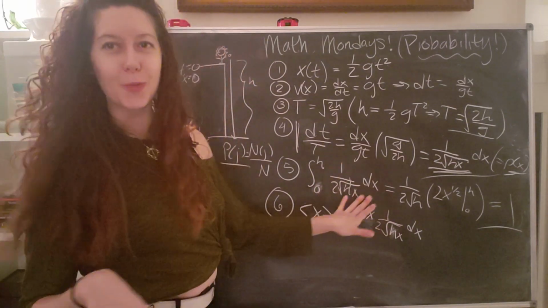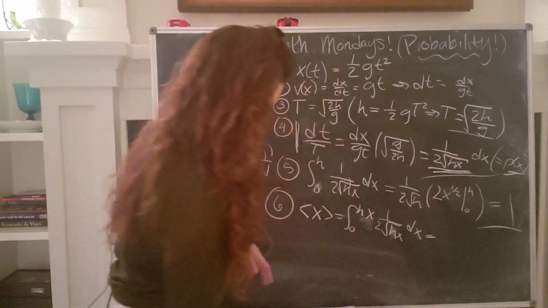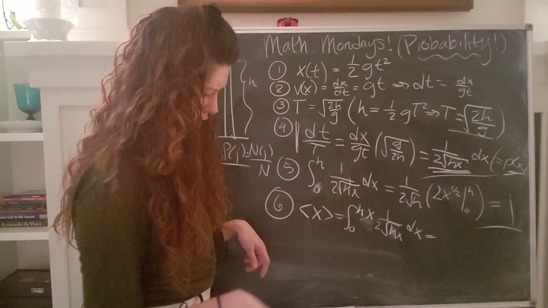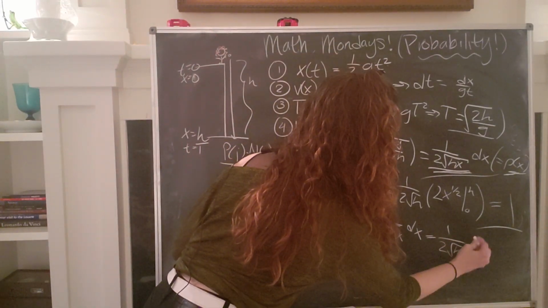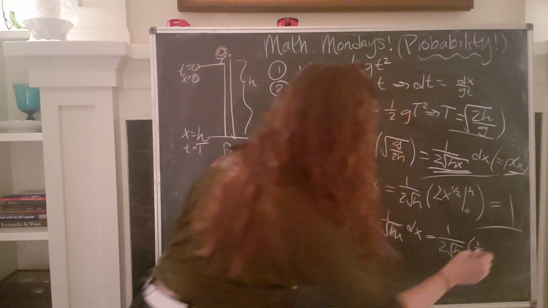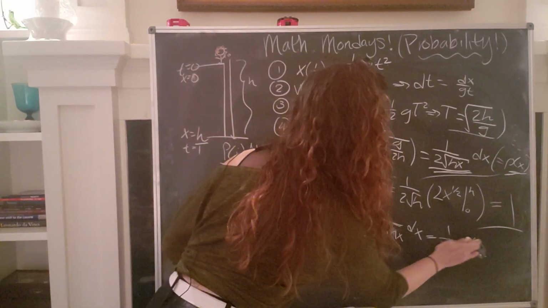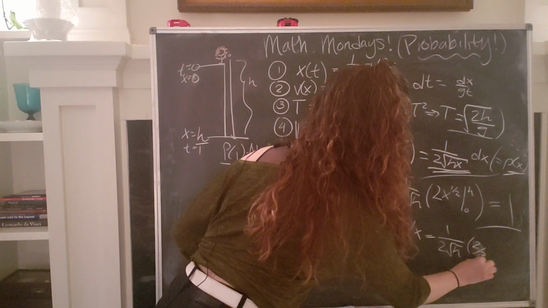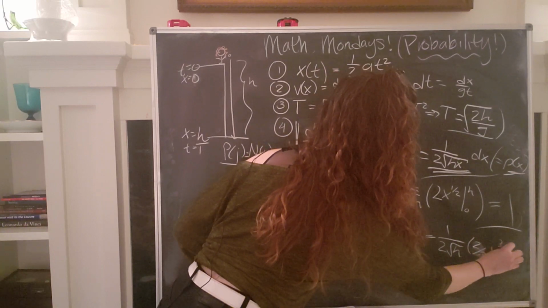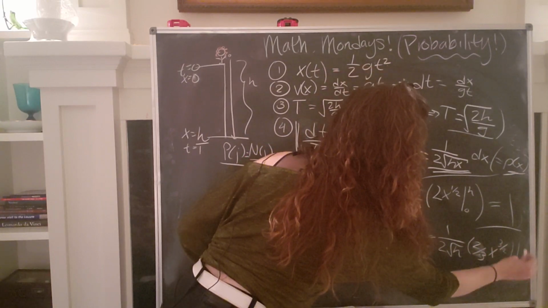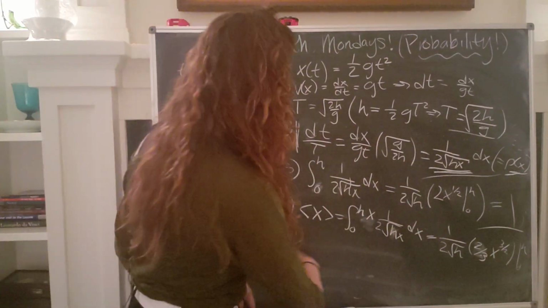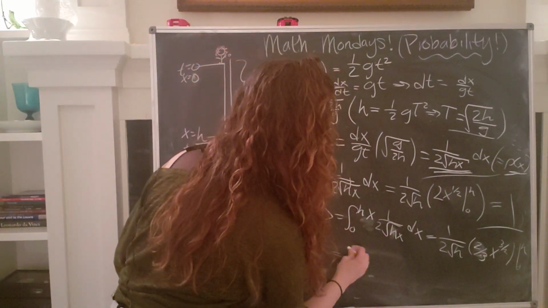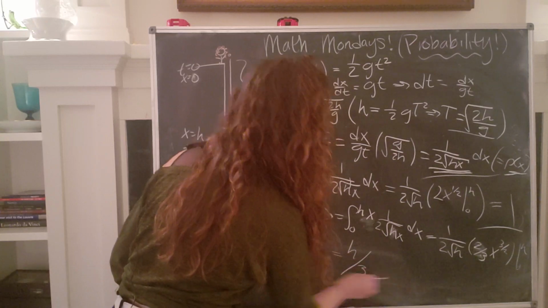I'm not going to run through the integral stuff, but I'm happy to give more information if you would like me to. So this ends up as 2 root h times 2/3 times x to the 3/2, from 0 to h. And then we can plug in 0 and h to get h over 3.